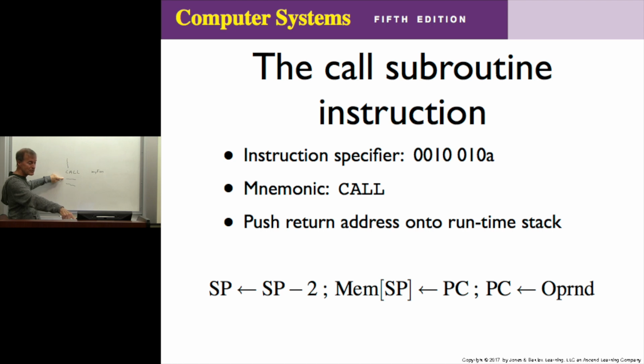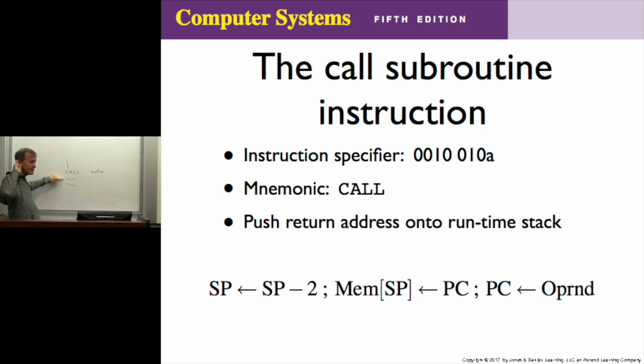Now, when we execute, what happens? This RTL says what happens when you execute. The first thing that happens? SP is SP minus 2. Now tell me, what does mem sub SP get? So what address goes into the mem sub SP?